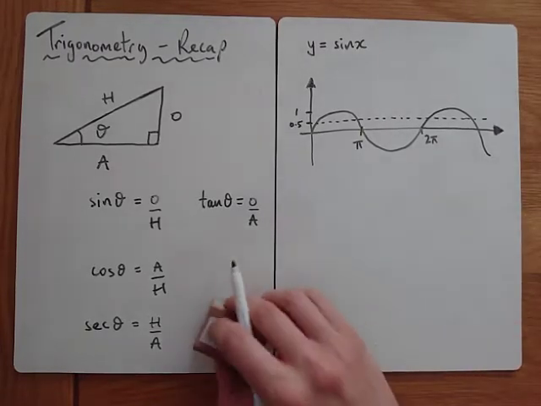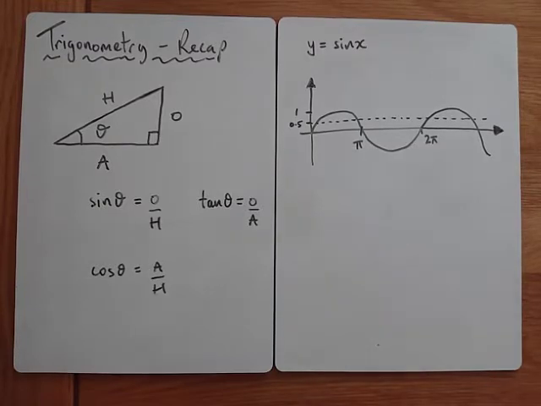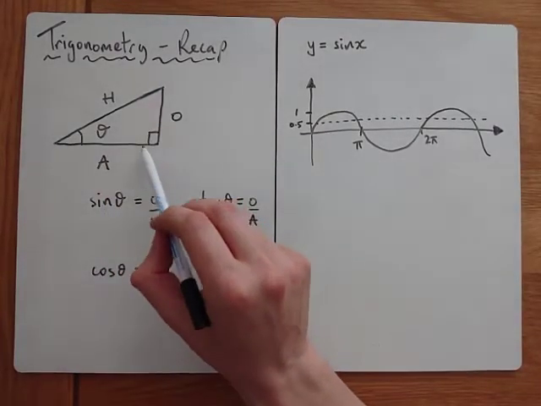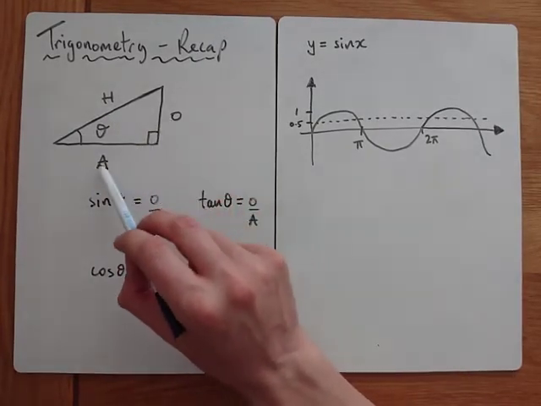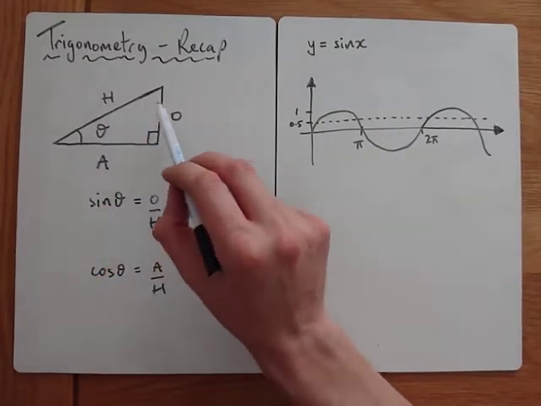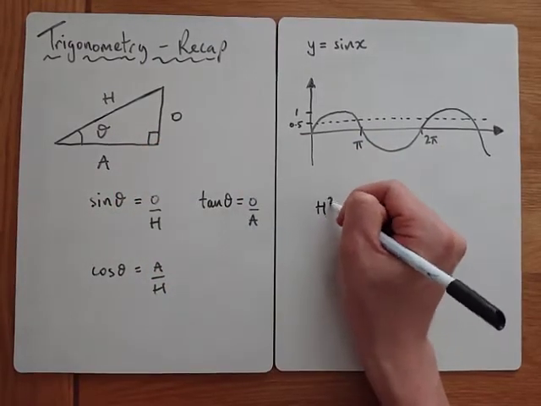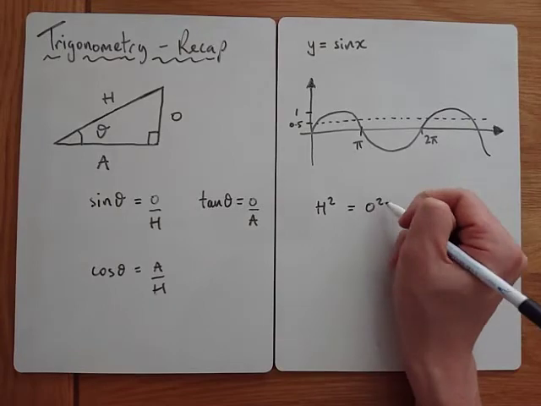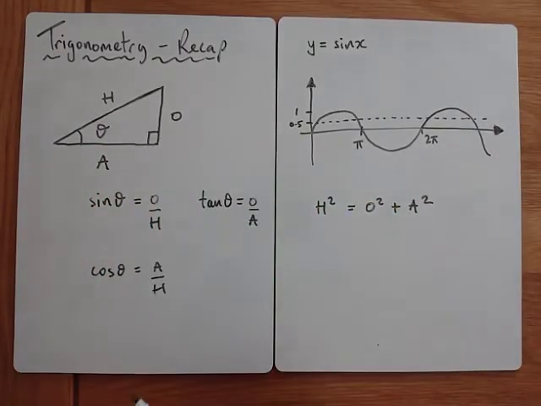Okay, so far we should know a couple of identities from first year. I'm going to quickly show you where they come from, because I think that'll help us to remember it. So again, it all just comes from a right angle triangle. If we have a right angle triangle, we know from GCSE that Pythagoras theorem works, doesn't it? So I could say from this triangle, h squared would equal O squared plus A squared, just from Pythagoras.